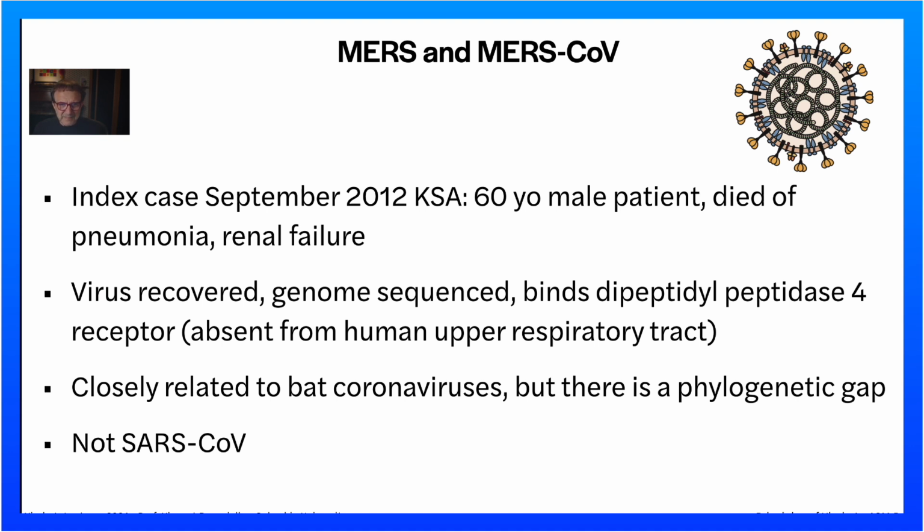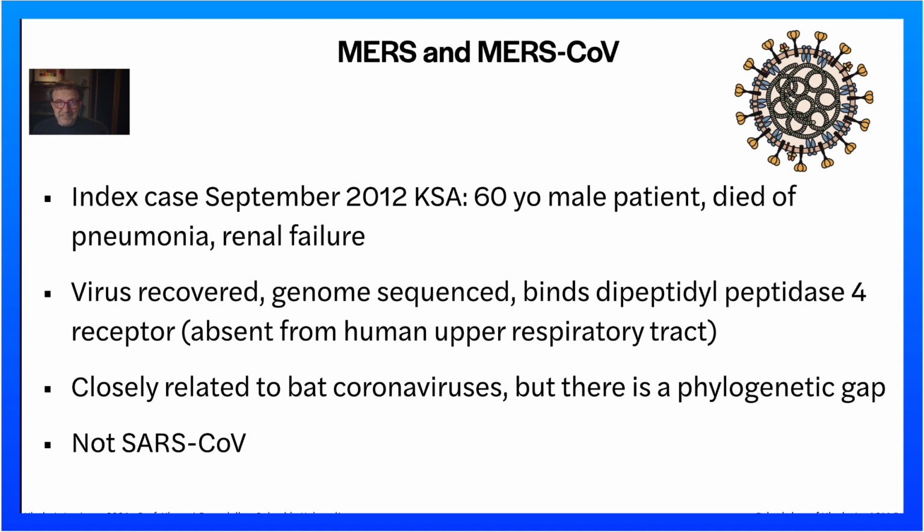Don't complain. So the first case ever seen of MERS, 2012 in KSA, a 60-year-old male patient died of pneumonia and renal failure. They suspected virus infection, recovered virus from this patient. They sequenced the genome immediately.